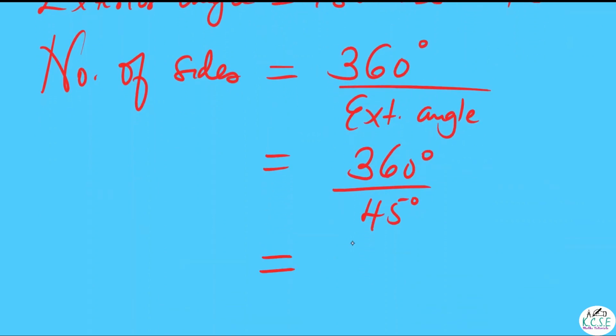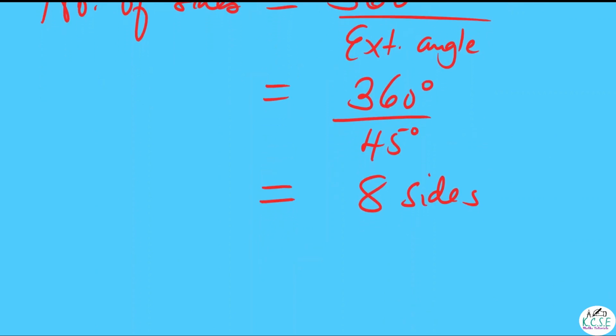When we divide these, we get a polygon of 8 sides, and the name of a regular polygon with 8 sides is an octagon. This is an octagon.